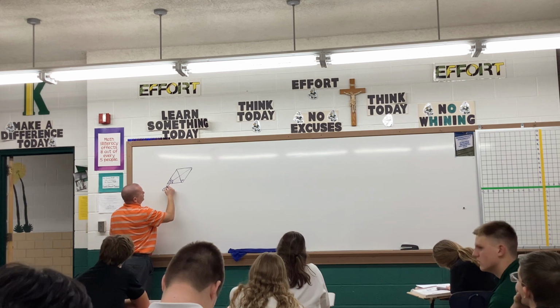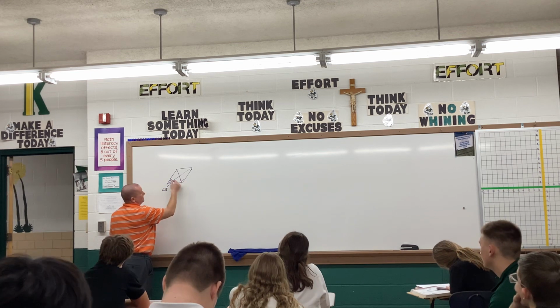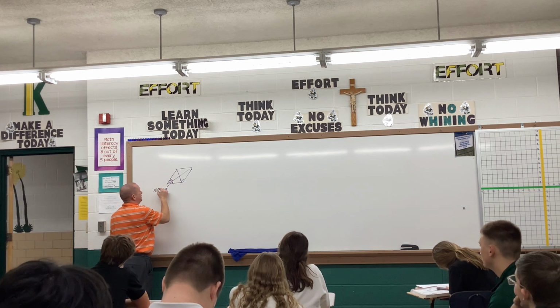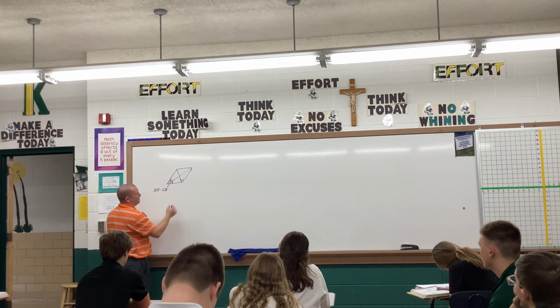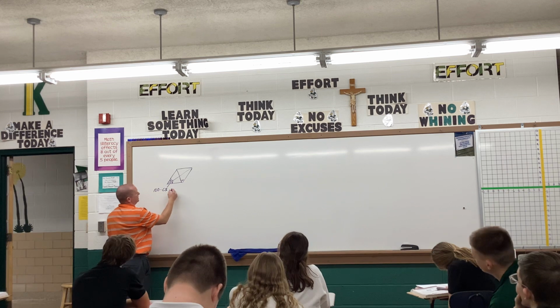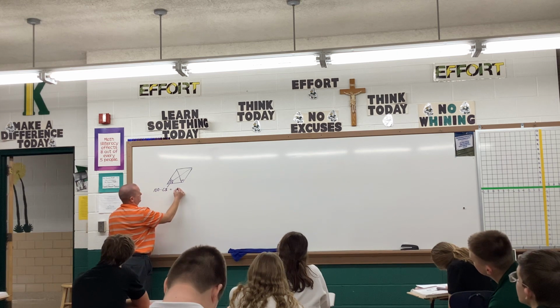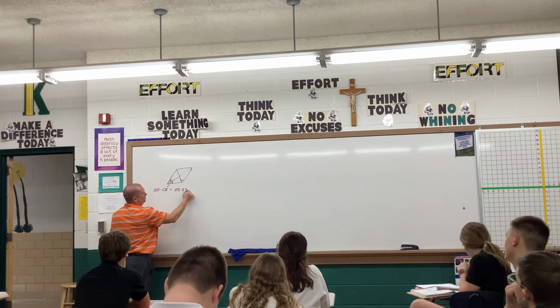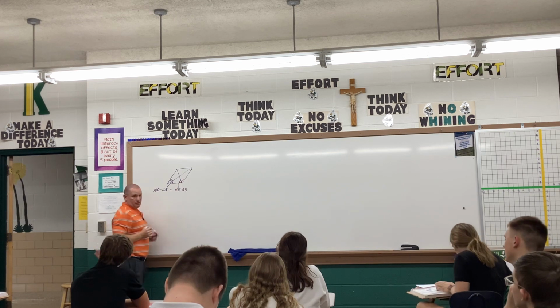And so if I knew that this angle and this angle, they have to add up to what? 180. So if I took 180 minus 65, I should get this whole angle, right? So what's 180 minus 65? 115. And then 115 minus 83 would get me that little angle.